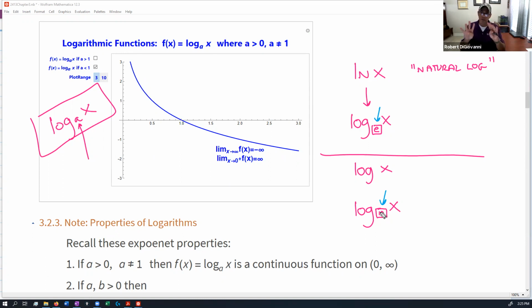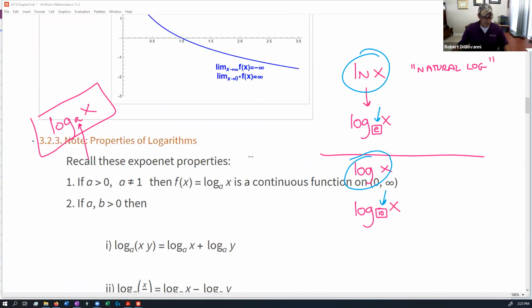If we had 8 fingers, we'd probably be using base 8. And if we had 16 fingers, we'd probably use base 16. That's another conversation for another day. But these are the most important logarithms that we use, and so these are the ones that have special notation. All other logs, you explicitly have to write what the base is.